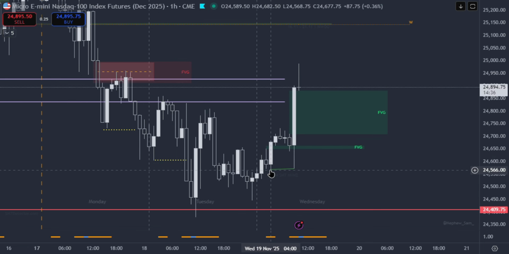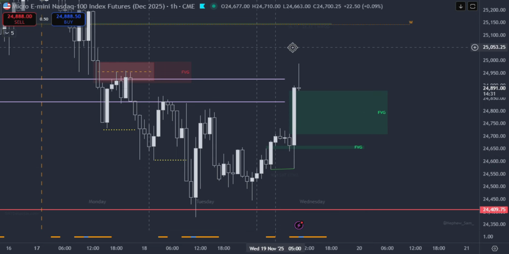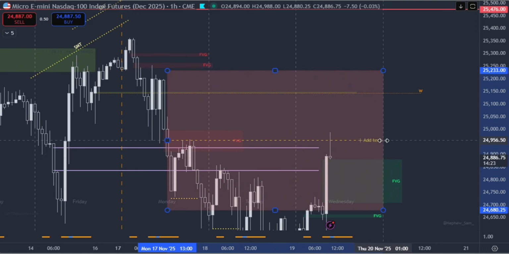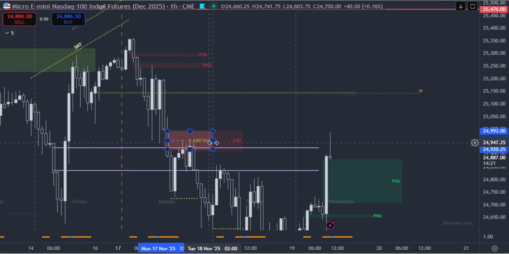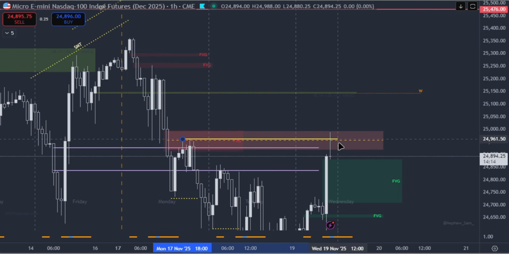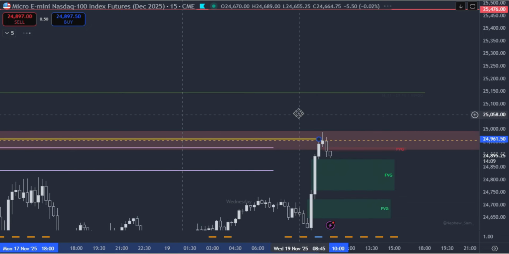And the way you do that is by trying to see where's the probabilities of targeting either lows or targeting highs, right? The only highs that we have is here, here. We have these, but they already got swept, right? We came up here, we swept these highs. Look at that. So let's look at our 15-minute.